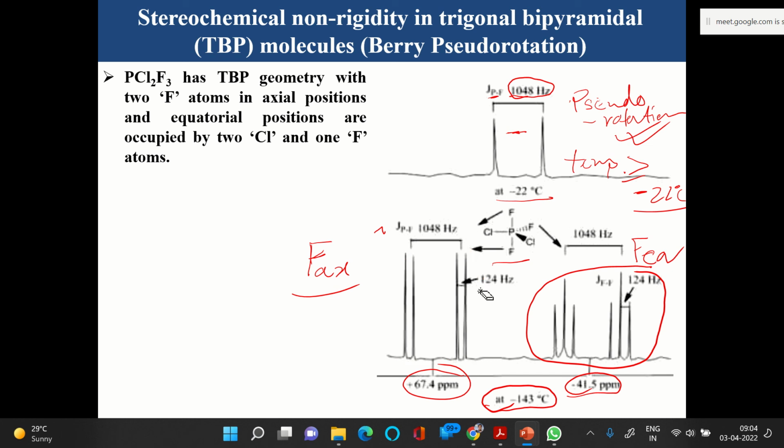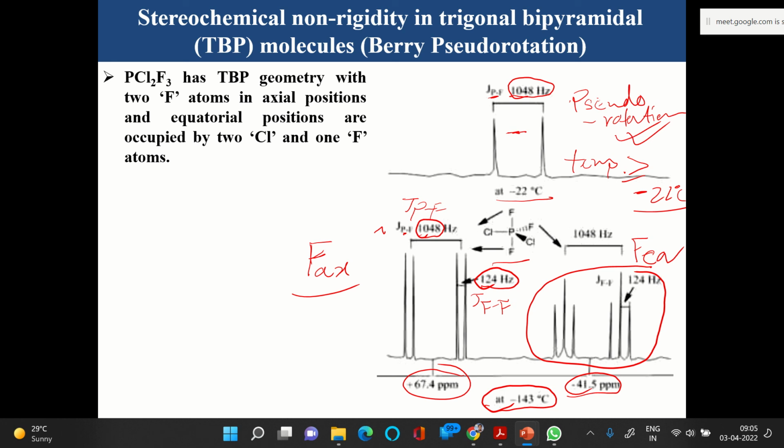So remember this J, 124 hertz for JFF. The coupling constant for the fluorine-fluorine interaction is on the order of 124, between equatorial and axial, whereas it is 1048 for the JPF. So the coupling constant for JFF is of the order of 100, and this is 1000. The scale is very different for the two.